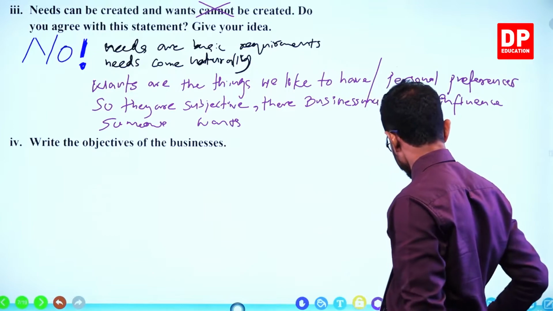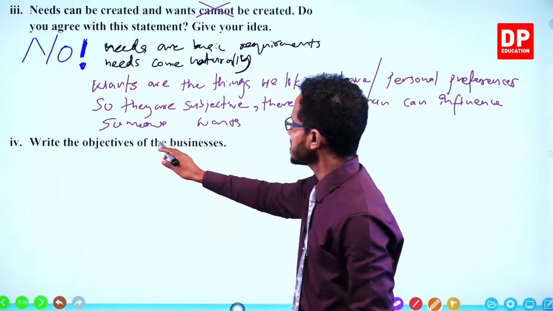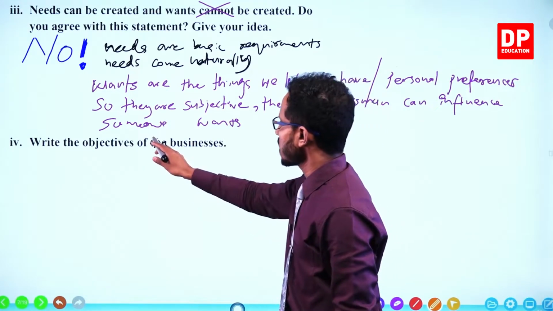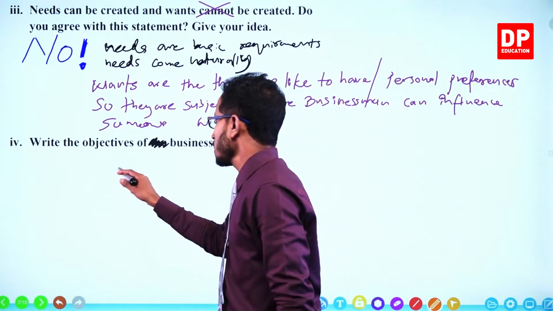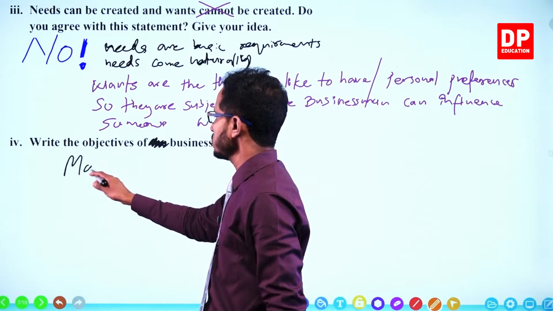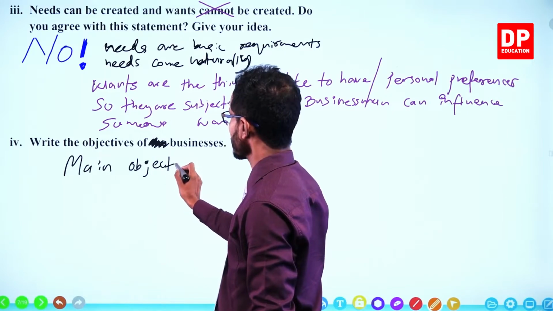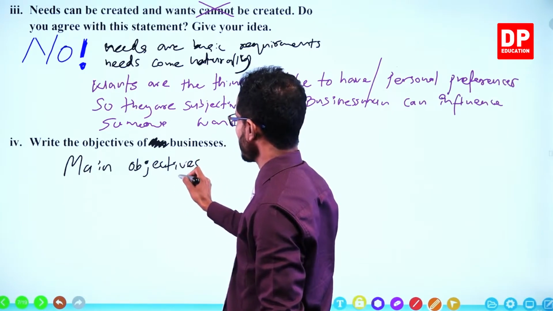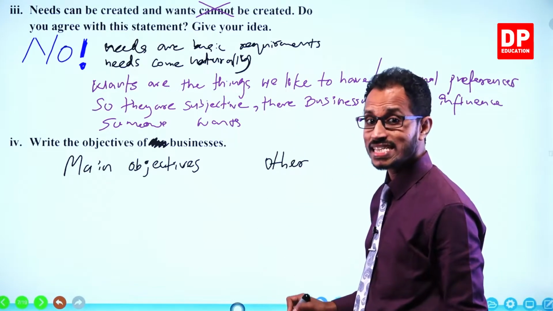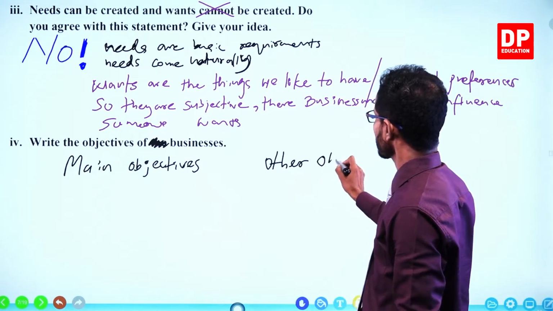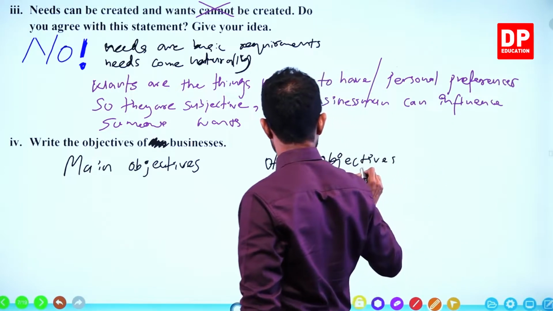Next question. Write the objective of businesses. We can write main objectives separately, and other objectives or sub objectives separately.